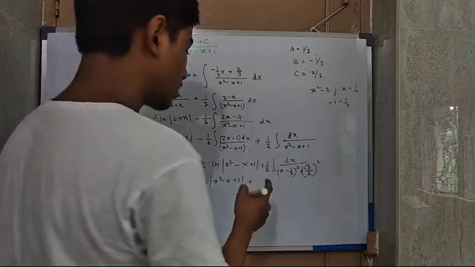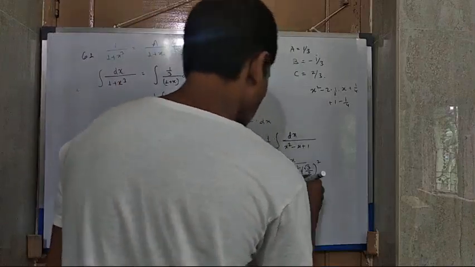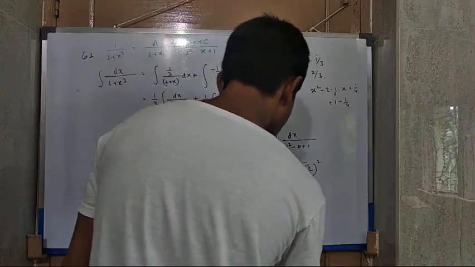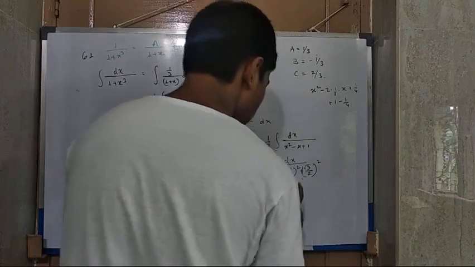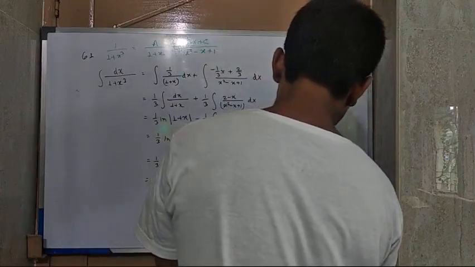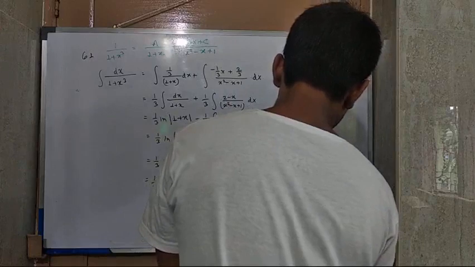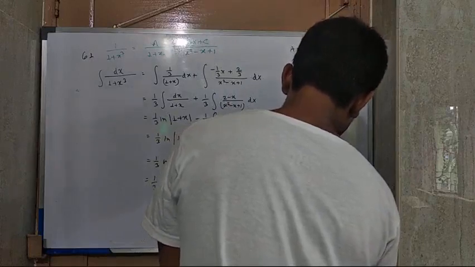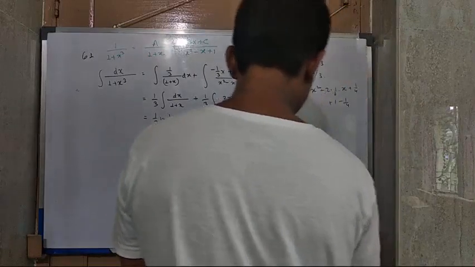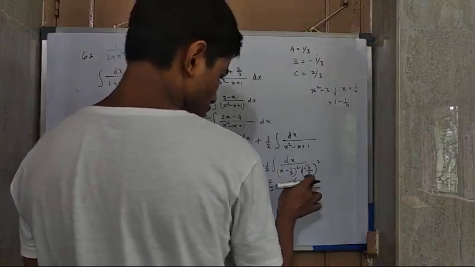So this becomes 1/a, which is 2/√3, times tan inverse of x minus half by √3/2. So this is 2x minus 1 over √3.